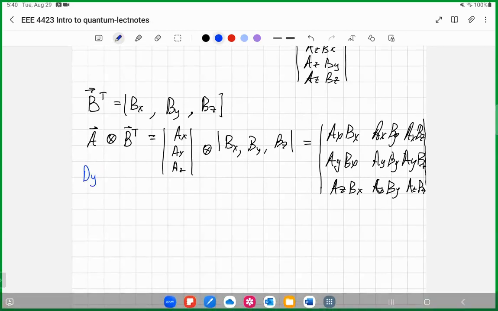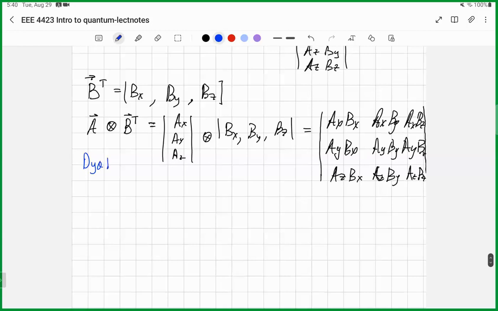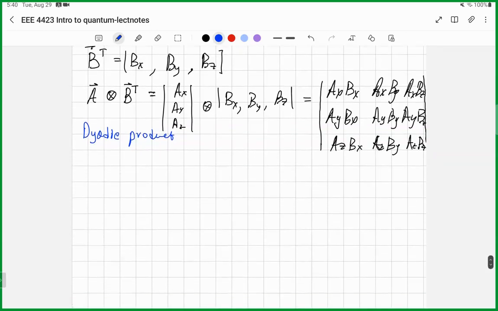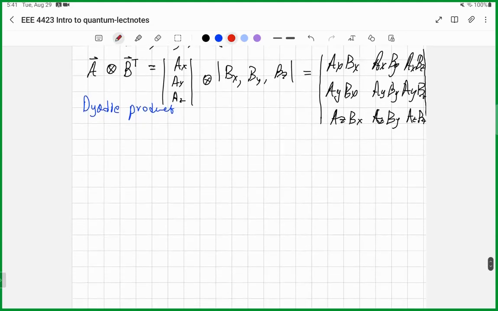The dyadic product takes two vectors and it creates a matrix. All right. So this is about the vectors in an arbitrary linear space. And now we can proceed with the next topic.